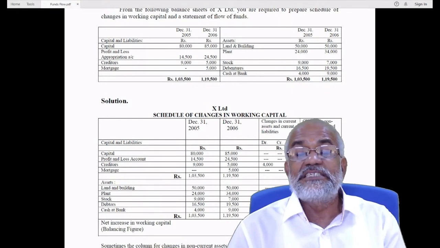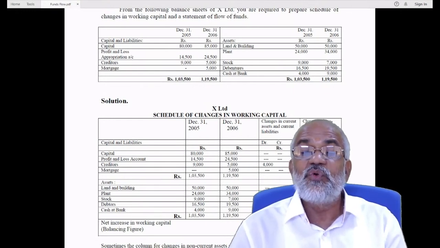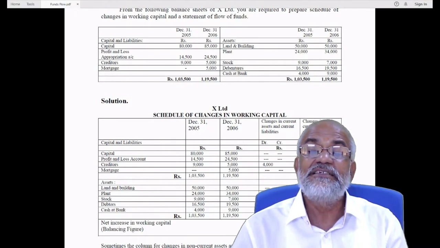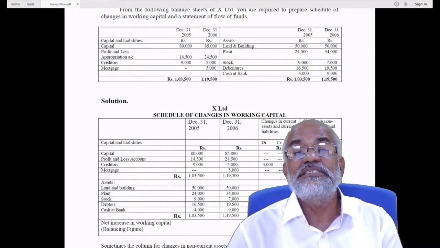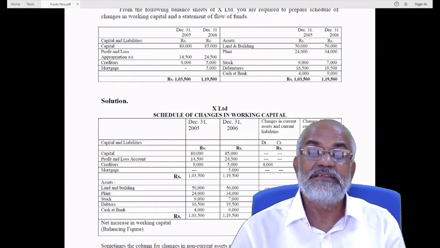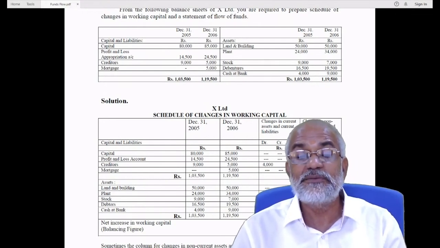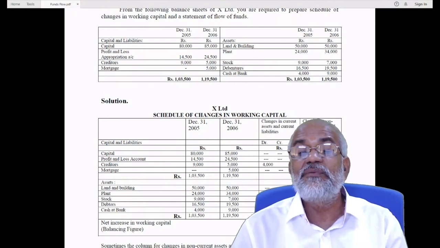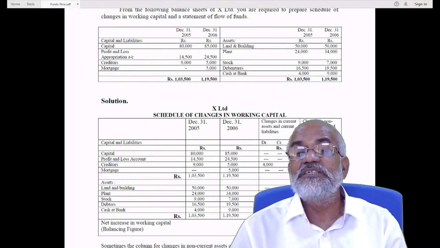So now we have offered treatment to all the individual items of assets and liabilities given in the balance sheet through preparation of the statement of changes in working capital. So what is the very next step? We need to make the totaling of all the last 4 columns. The last column totaling is 5,000 plus 10,000 plus 5,000, that is 20,000.